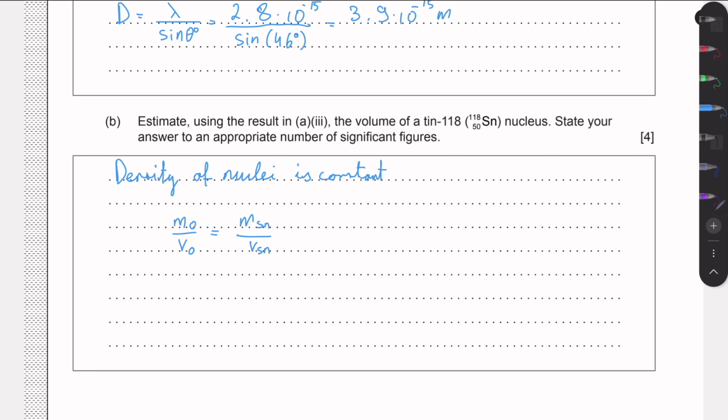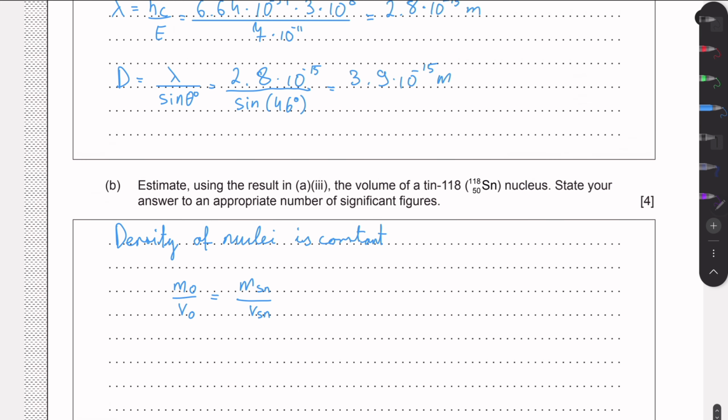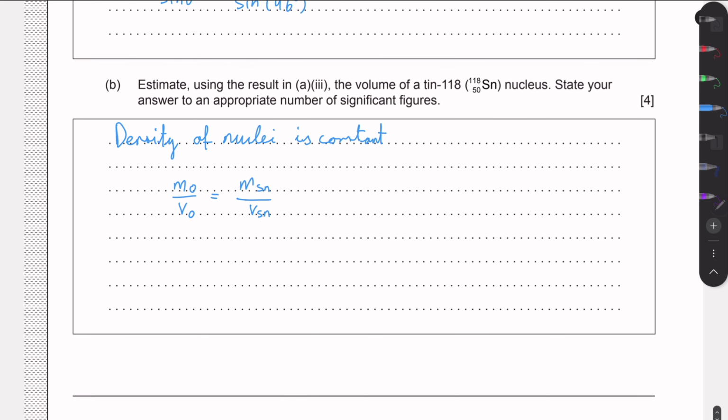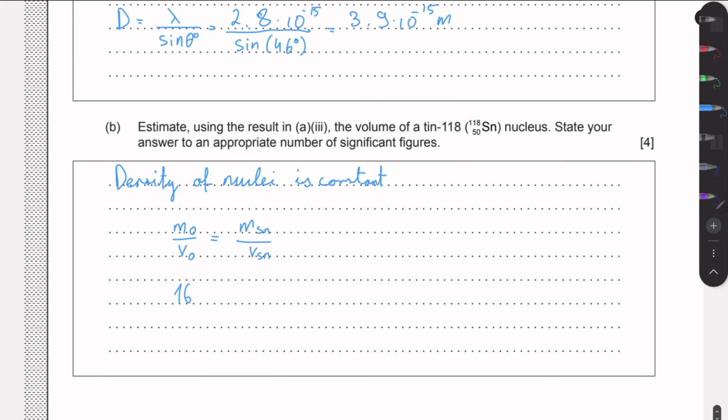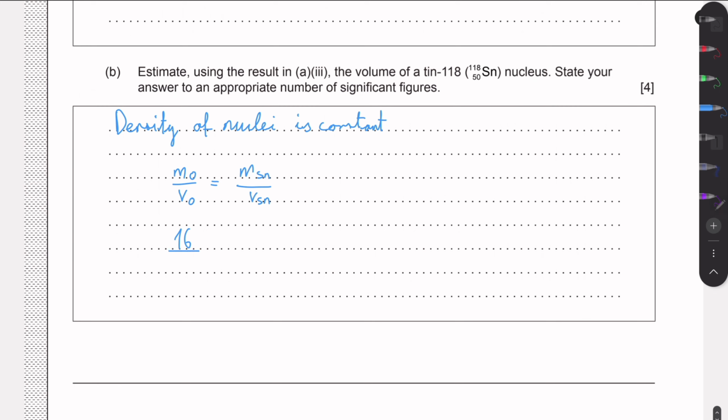And we can use the mass number as the mass. So for oxygen it is 16, as we used oxygen 16 in this example. And we know that the volume of this can be calculated with 4 pi r squared, as that's the volume of a sphere. I mean 4 pi r cubed, sorry. And then the mass of the tin is 118.